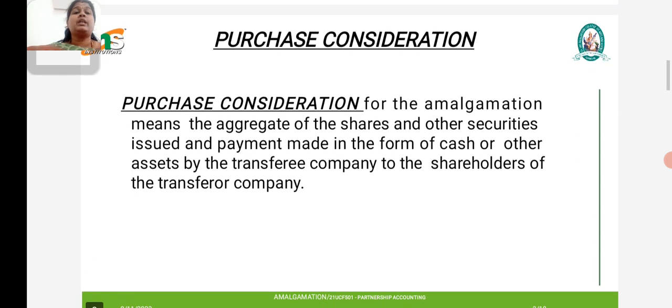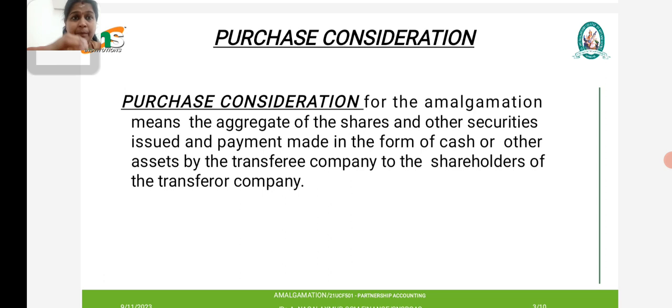Now we are going to see an important concept in amalgamation, the purchase consideration. Purchase consideration is nothing but the amount settled for the shares and securities of the shareholders of the transferor company by the transferee company.